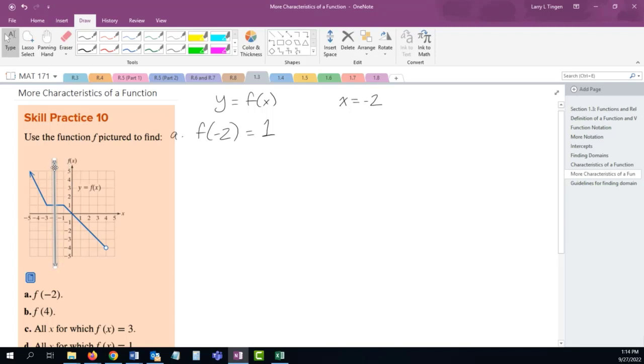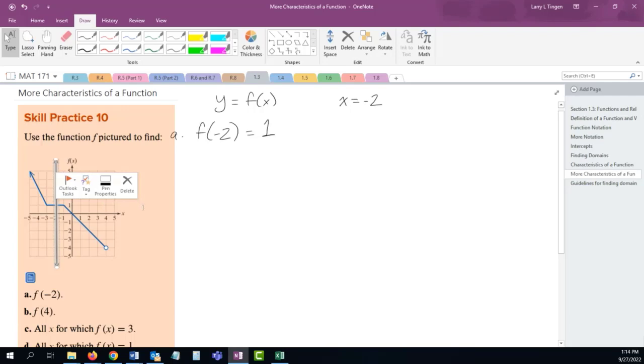So if you're ever looking at these and you're trying to figure out what do they want me to do when, f at -2, what does that mean? Well, it means when x is -2, where do you hit the curve, or where do you hit the graph? Not the x or y axis, but the actual graph, the picture, the graph of the function.